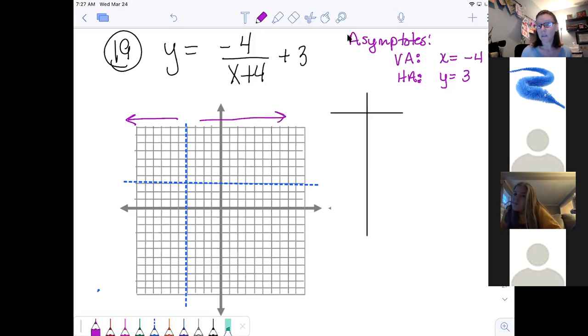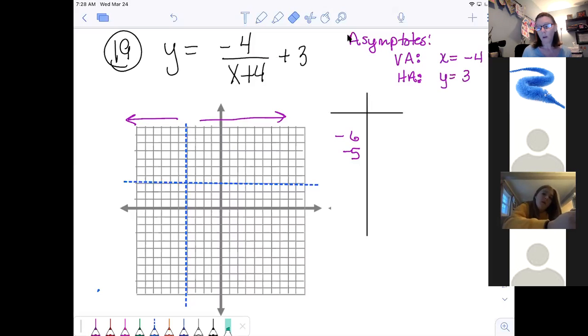So if my asymptote is at -4, I could pick the next number, -5, because -5 plus 4 makes -1, and that's an easy number to divide with. The next number, maybe I want to pick a -6, because if I plug a -6 into the denominator, then I have a 2. So I'm looking at that denominator as well when I'm choosing numbers.